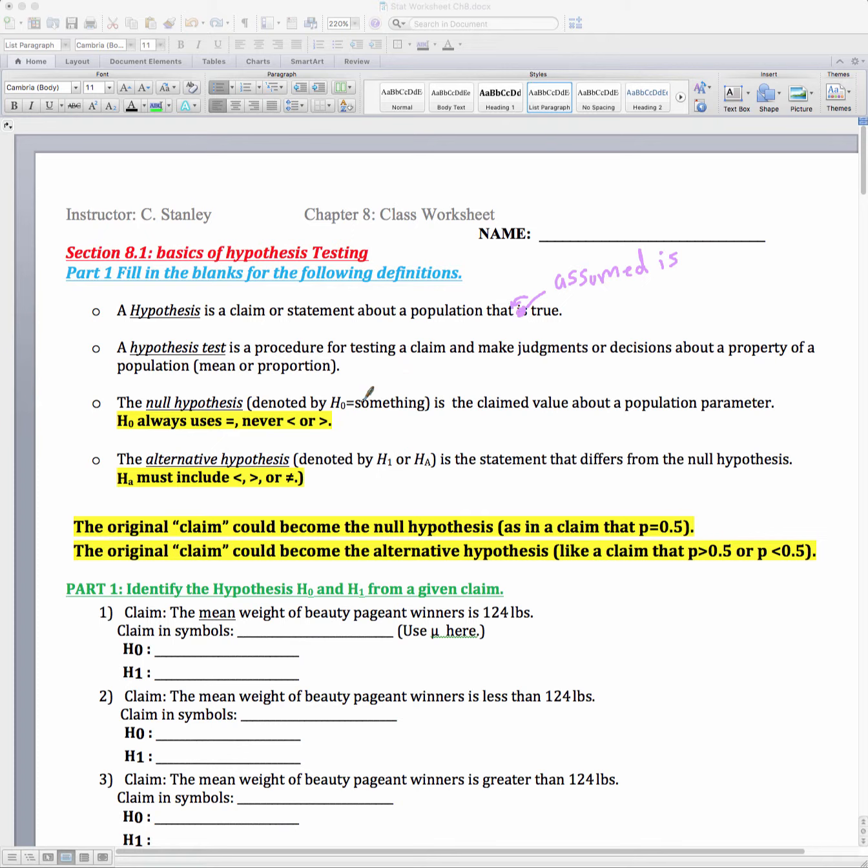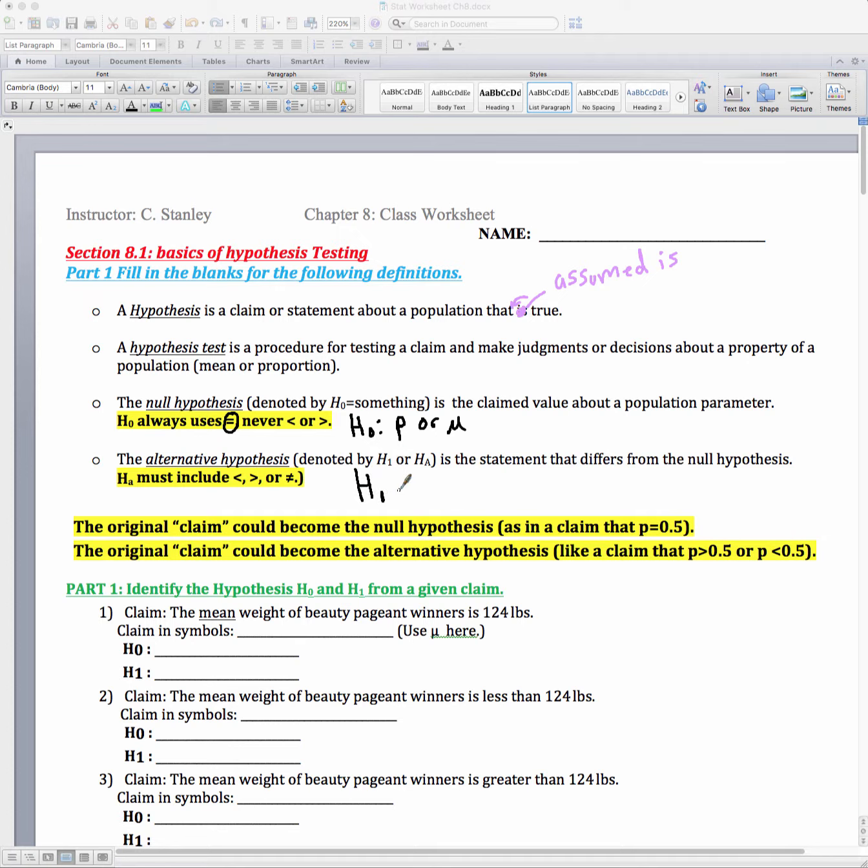Like I said before, the null hypothesis is always an H0 with a colon, and it's either going to be a p for proportion or it'll be a mu. Section 8.1 is going to deal with both of them. And it'll always be an equal. The alternative will always be an HA or H1.